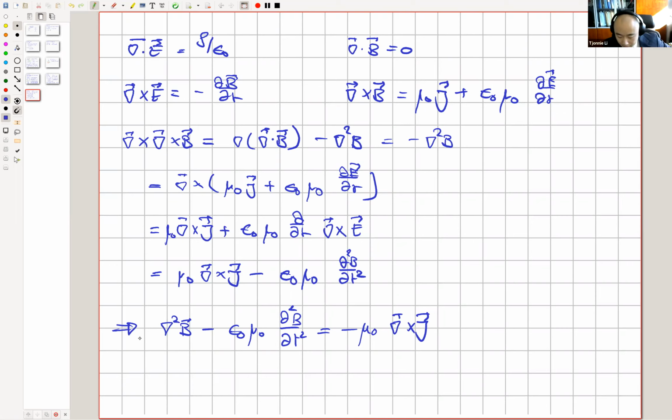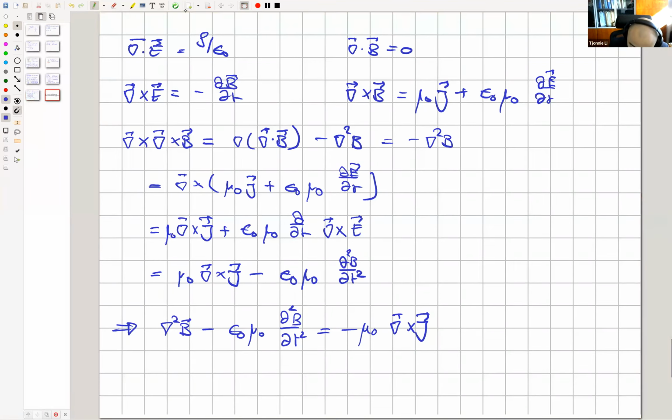Now, we can investigate this to a deeper level, right? Remember what we did in particular. I hope you recall the so-called Helmholtz theorem.